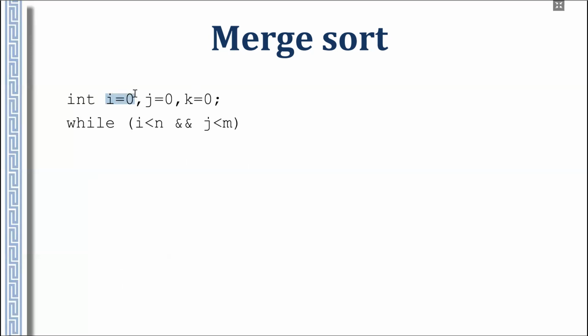The minimal element in the first array is at index i, the minimal element in the second array is at index j, and k is the index of the element where we write the answer in array C. We do the following steps until i and j are not at the end of their arrays.